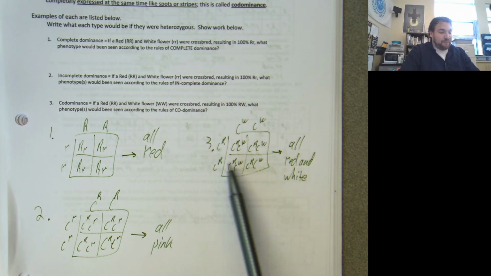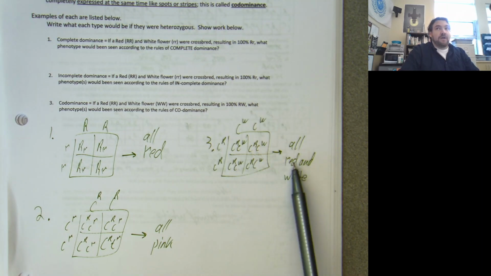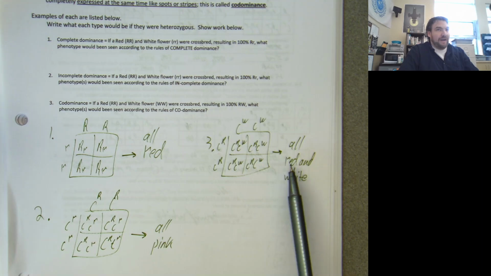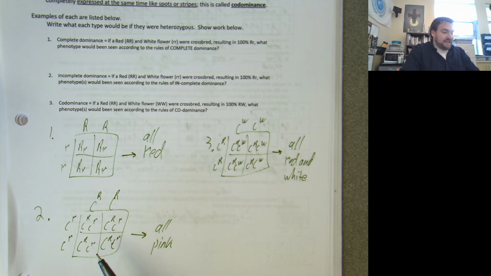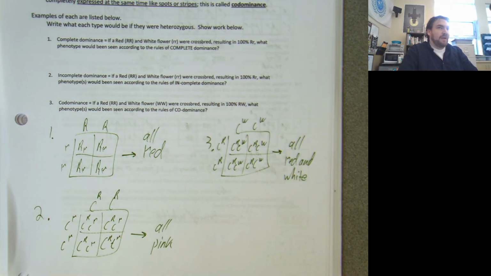It means that for a heterozygous set of offspring with a codominant trait, in this case, the red flowers breeding with the white flowers would produce red and white flowers. So codominance gives you both colors, incomplete gives you the blend, and complete dominance would just all be red. Comments, questions, concerns on that page?